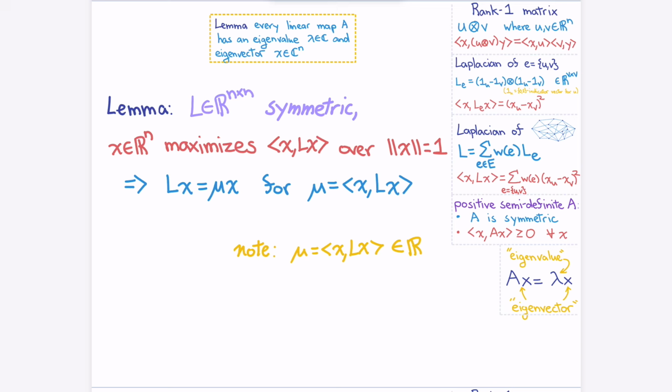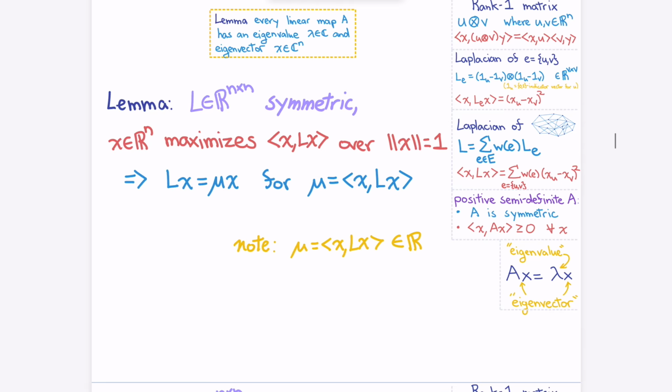It's going to be a geometric proof, an optimization thing. That slight distinction makes sense. So I find the eigenvalues and eigenvectors of a symmetric matrix much more intuitive, much more natural, because this eigenvector tells you something about L. You just want to maximize this thing. We'll expand on this in a moment.